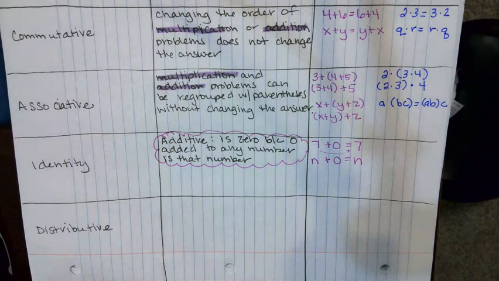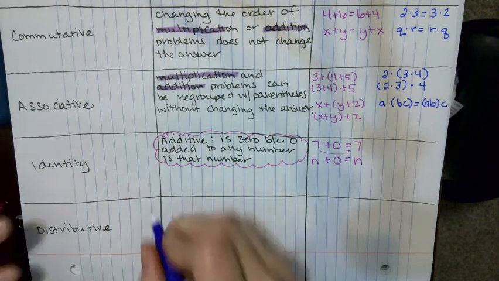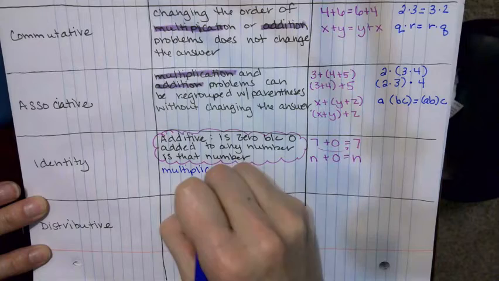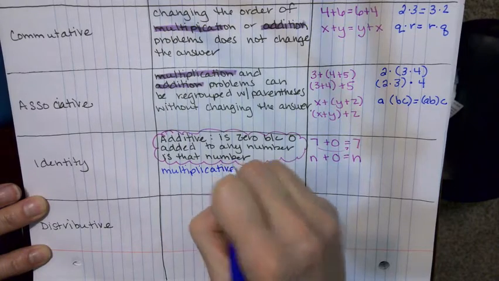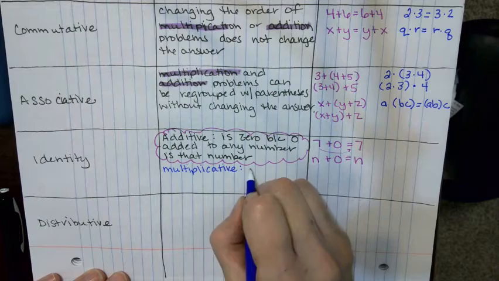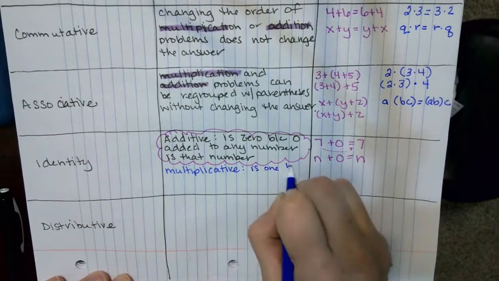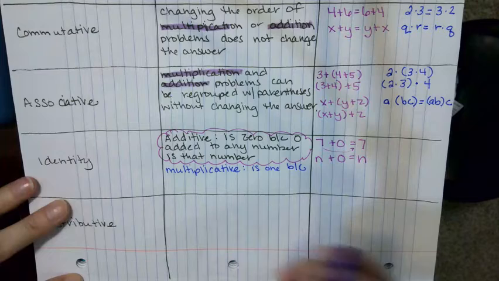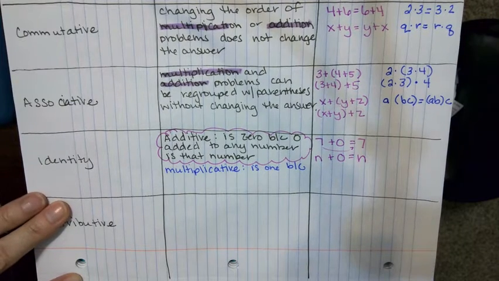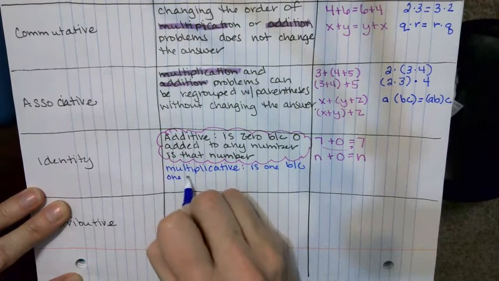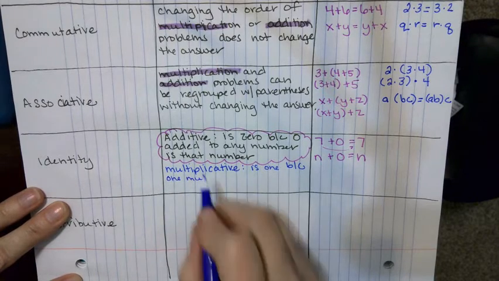You have a multiplicative identity. It's kind of a cool word to say. Multiplicative identity. Your multiplicative identity is 1, because 1 multiplied by any number is that number. Sorry, I didn't mean to do that in blue, but that's okay.